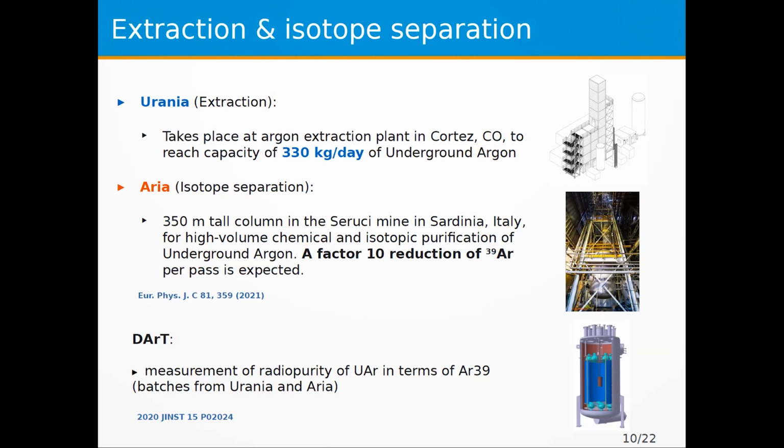The next step of preparing the argon for our purpose is isotopic purification, which takes place in the Seruci mine in Sardinia, Italy, where in the future a big tall column will be built for this purpose. We expect a further factor of 10 reduction of argon-39. We expect to have it at this level.